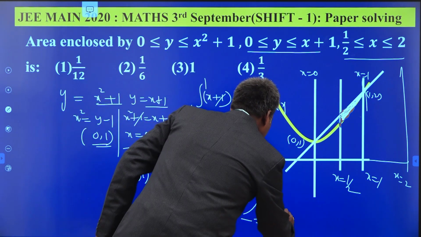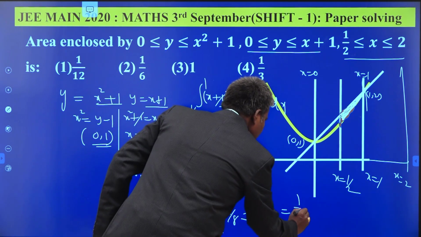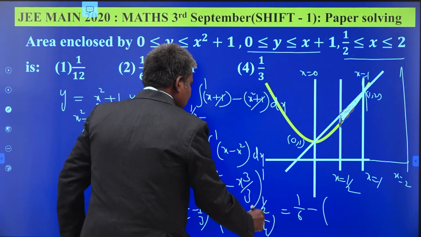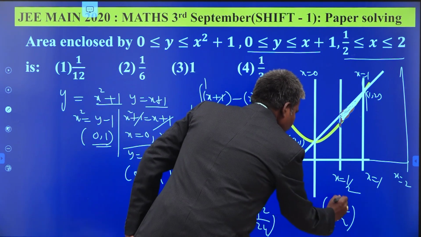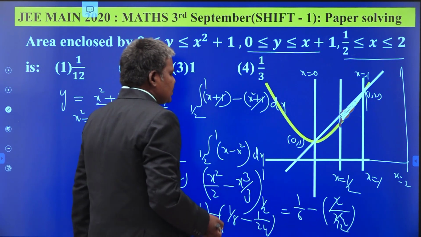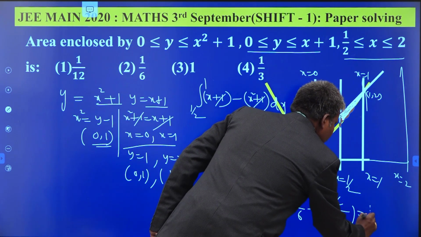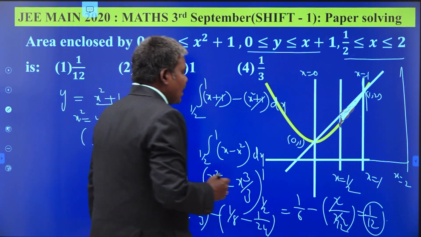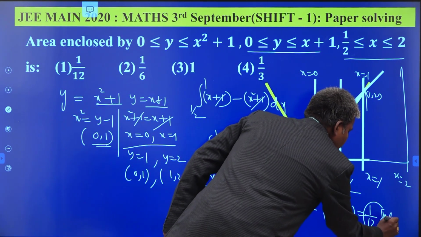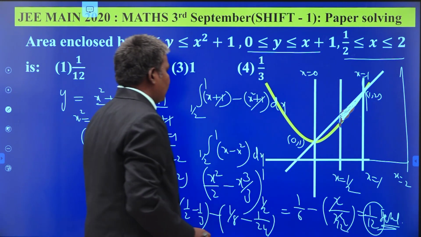So this is nothing but 1/6 minus of, LCM is 24, 3 minus 1, 2, this is 1/12. 1/6 minus 1/12 is 1/12. So your answer is 1/12 square units, the required area.